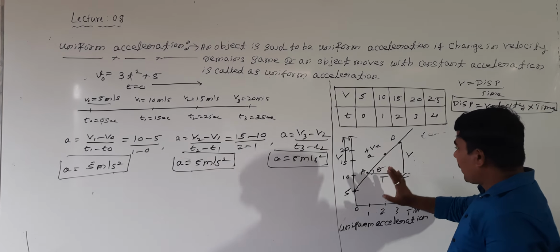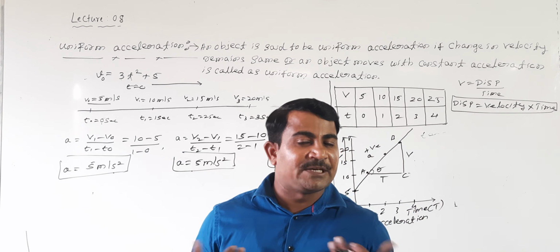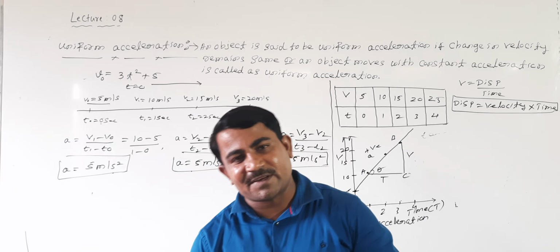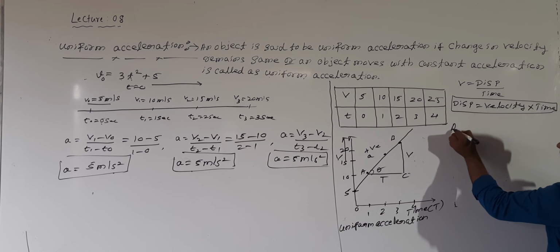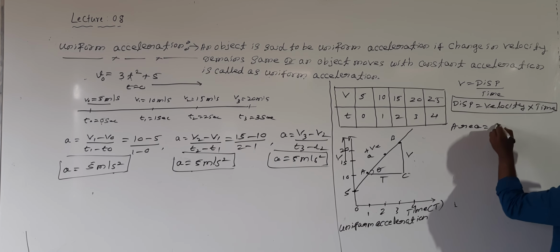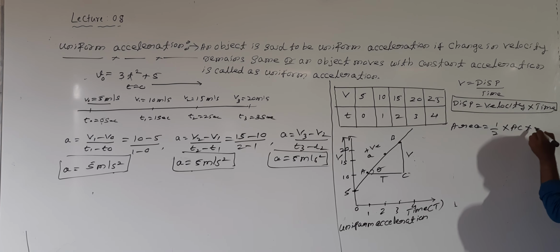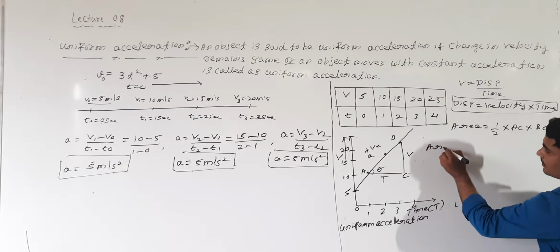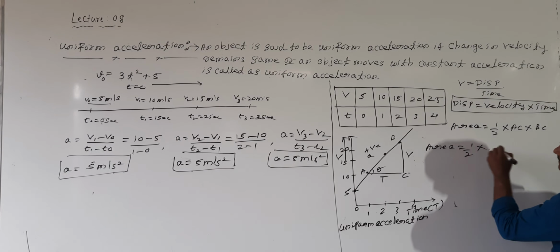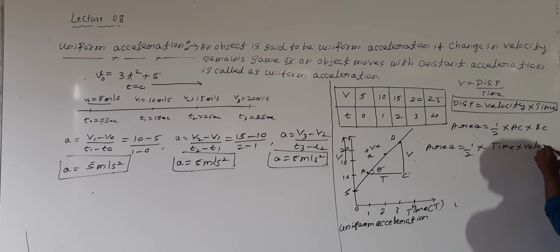Now in the same triangle I will take the area. What is the area of the triangle? Area equals half base into height. The base is AC, the height is BC. Area equals half, base means time, height means velocity.